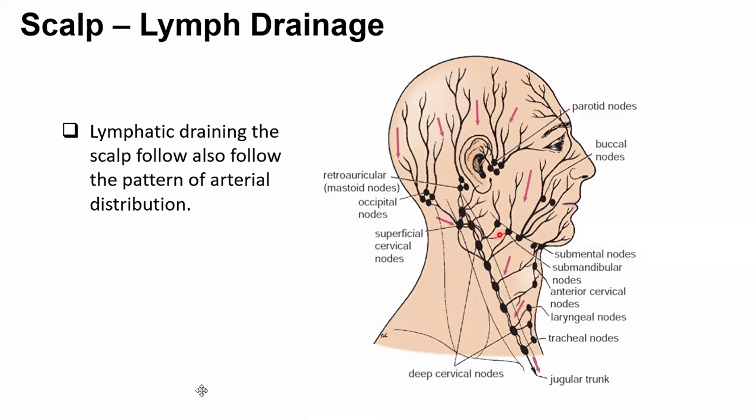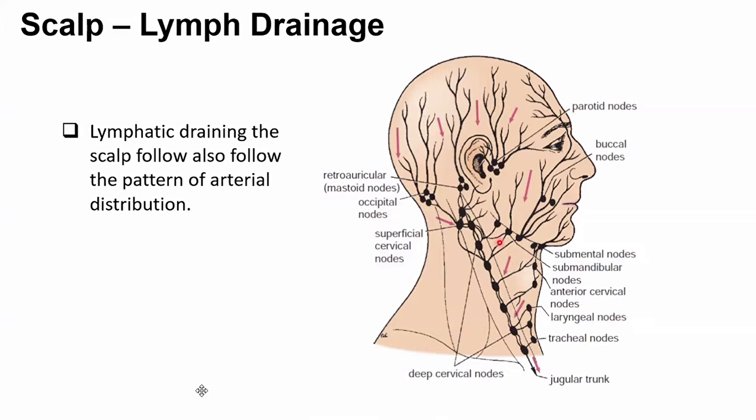This anatomy of the lymph drainage is also important, so that during your examination, once you see a patient, during your training in the clinical, you have to learn how to do palpation so that you can easily identify those nodes in the neck, submandibular, occipital, etc. Normally, you don't palpate them, but once they are enlarged, then you can easily identify.